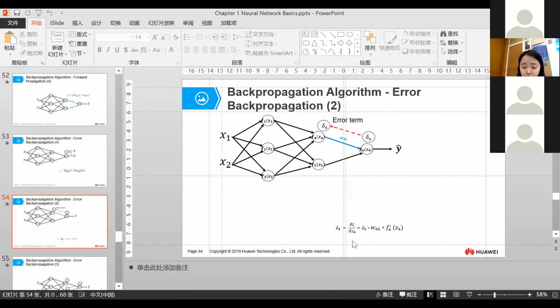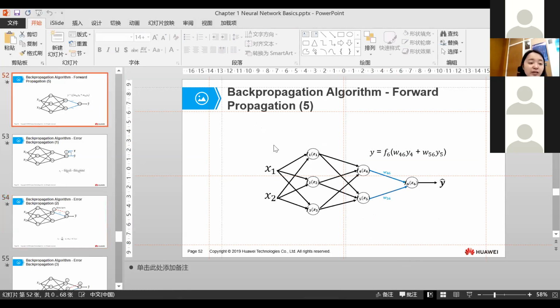We use partial derivatives to determine how much responsibility this neuron takes for the total error. Here is the error term for this neuron, and it will be backpropagated to the last hidden layer using this function: the error generated here times the weight here, times the derivative of the activation function, because every time we transfer information, we use an activation function.